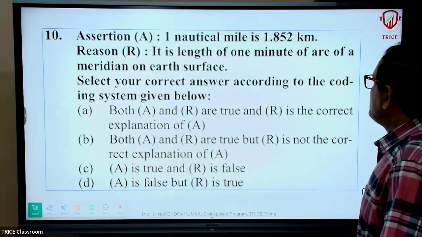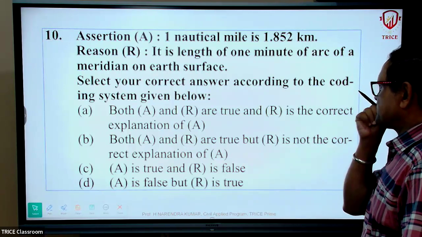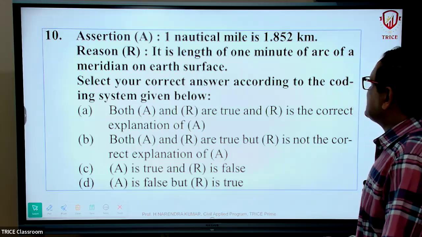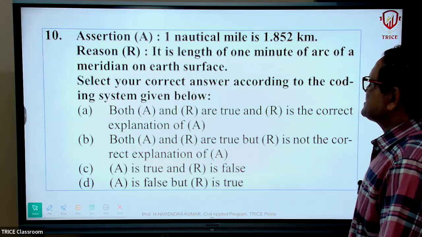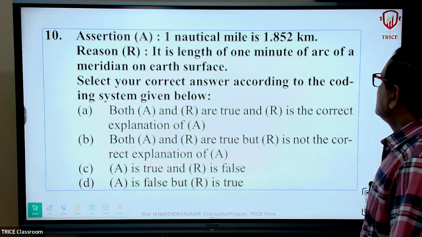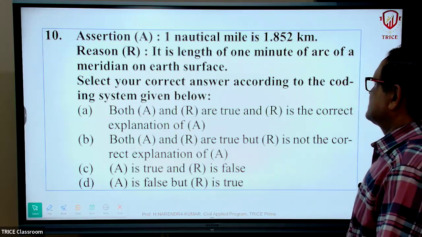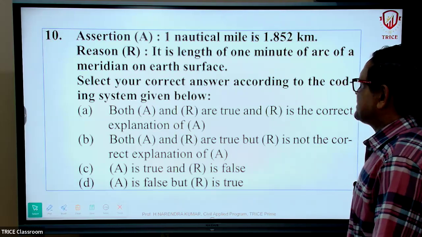The reason: it is the length of 1 minute of arc of a meridian on Earth's surface. Meridian is nothing but latitude.